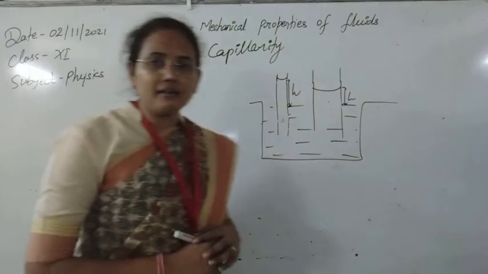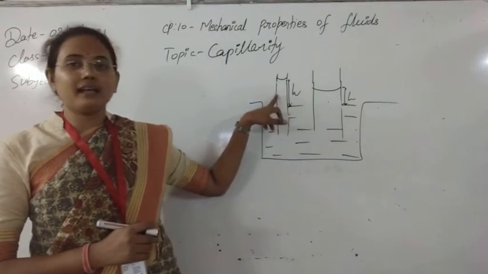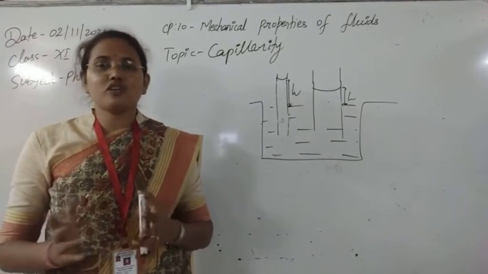In sand the capillary tube is like this case, and in clay like this. That's why sand is drier than clay.